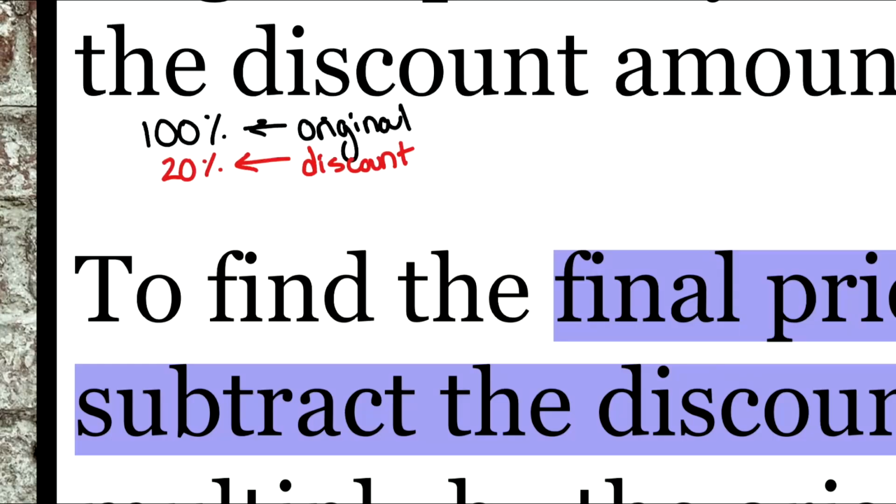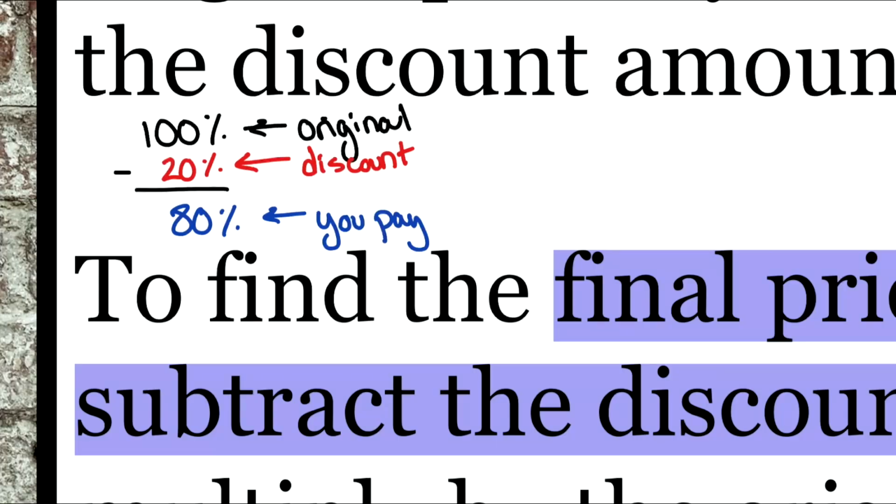It means that we're not paying that 20%. So if we take away that discount, what's left? Yeah, 80%. So what does that 80% represent? This represents the amount that you pay.